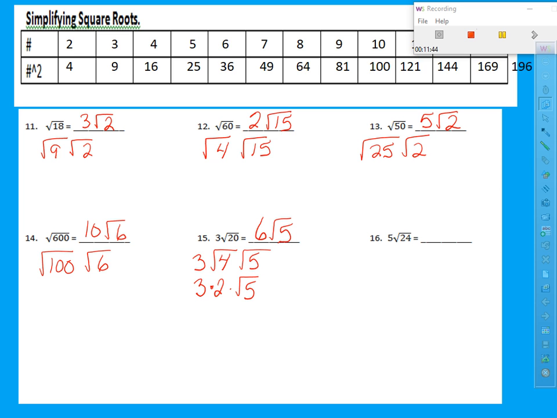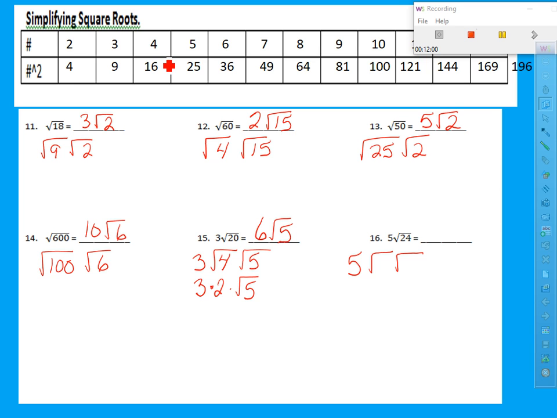Number 16, I'm going to write down the 5. We need to go find a number that goes into 24 that you know the square root of. So once again, how I do it is I take half of 24, that's about 12. So I'm going to maybe start with 16.